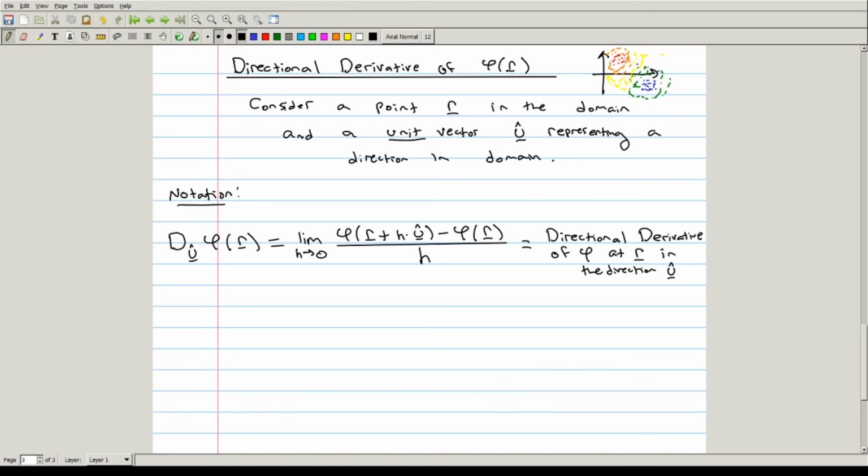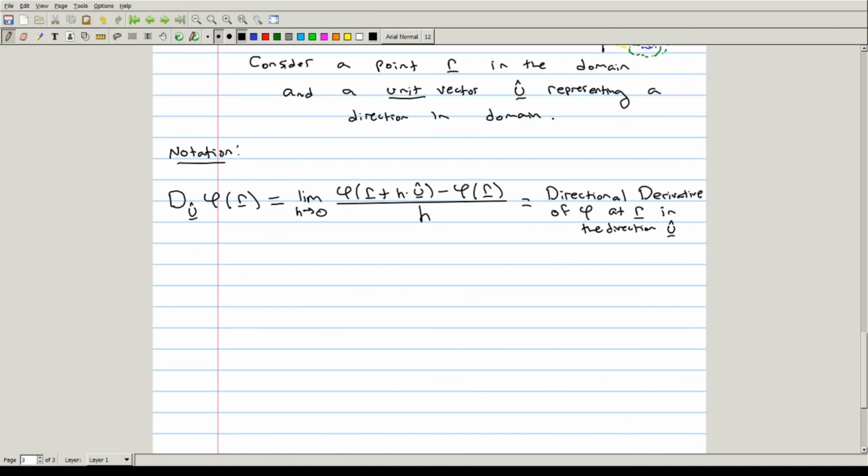At any given point R, the rate of change in each given direction, say in this direction U1, or in this direction U2, could be a different value, and in general it is a different value. So we need to distinguish, for a given scalar field, the direction that we're taking the rate of change, as well as the point at which we're taking it.